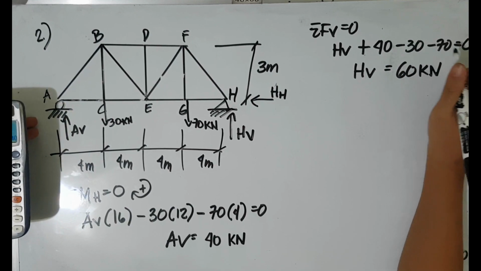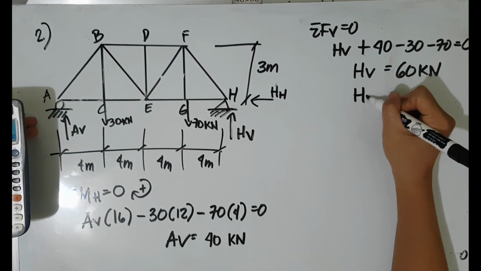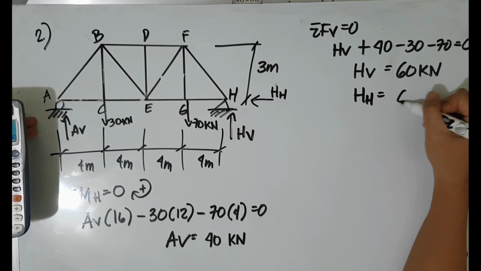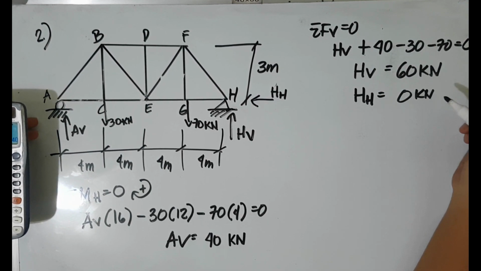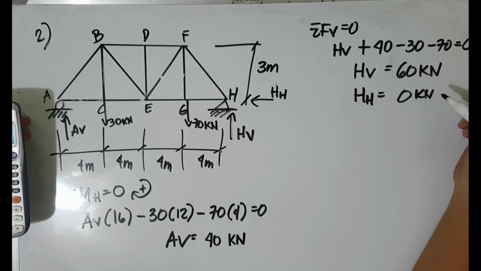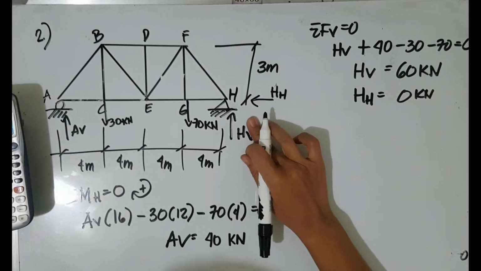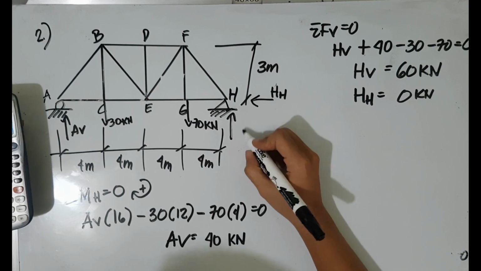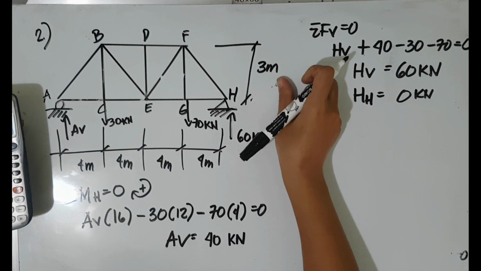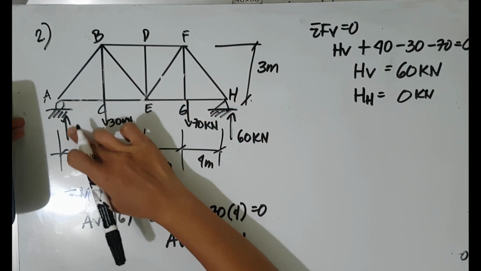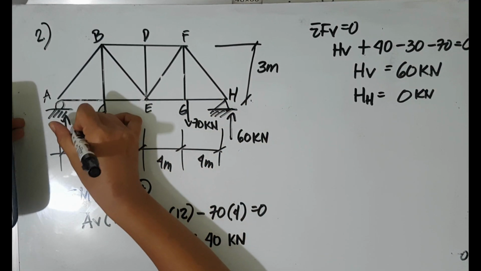And then we will consider the horizontal force at the H support as 0 kilonewton because there are no other horizontal forces acting on the diagram.